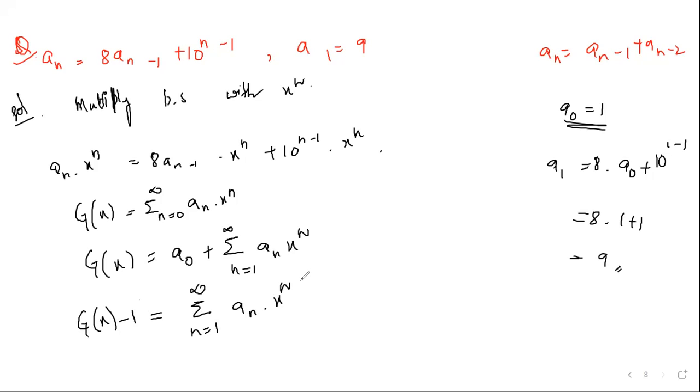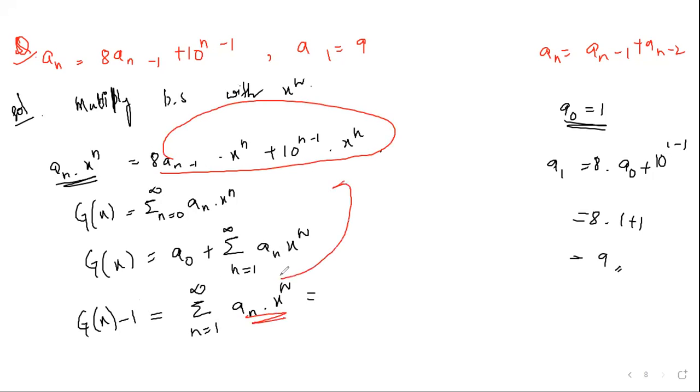Okay. Now a_n into x^n, here it is given as the following. So instead of this, substitute this value. So the sum from n equal to 1 to infinity of 8a_{n-1} x^n plus 10^{n-1} into x^n.